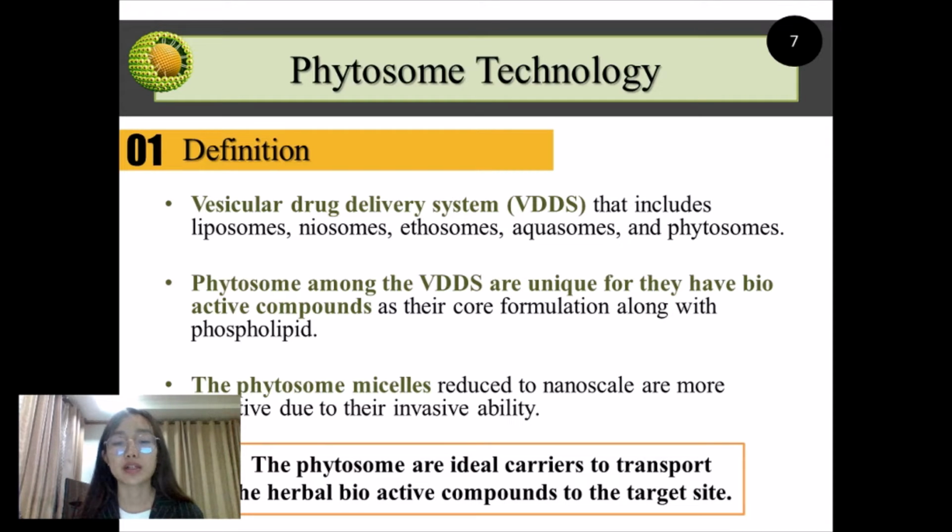So phospholipids add to the attributes of the plant extract, with high market demand for products. That is, phytosomes are ideal carriers to transport herbal bioactive compounds to the target site.